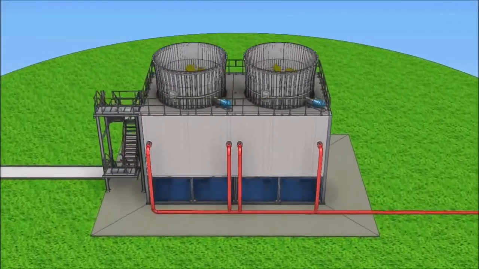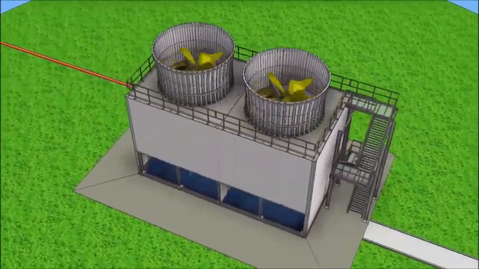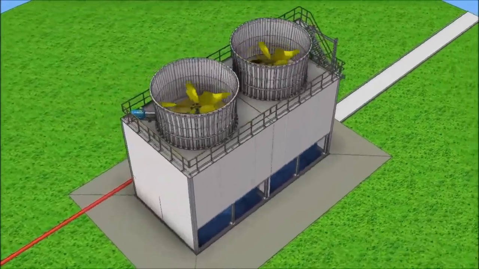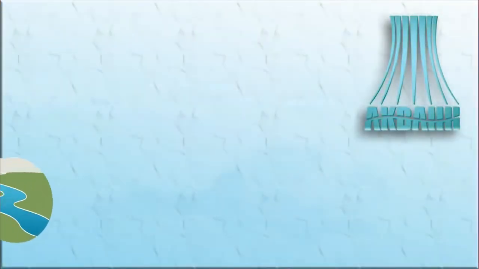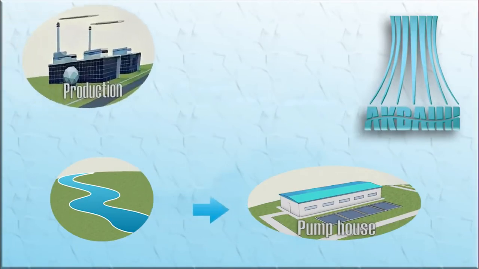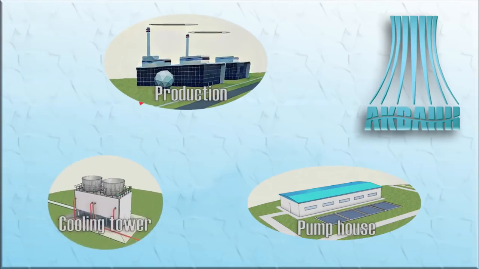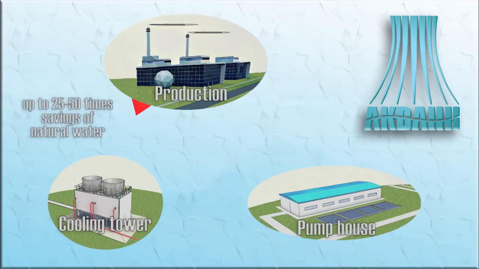The cooling tower is a device for cooling large quantities of water circulating in a water recycling system. Circulating water system is a system in which water is used as the refrigerant for cooling the heat exchange equipment. The use of cooling towers saves natural water from 25 to 50 times compared with once through cooling and prevents thermal pollution of water bodies.